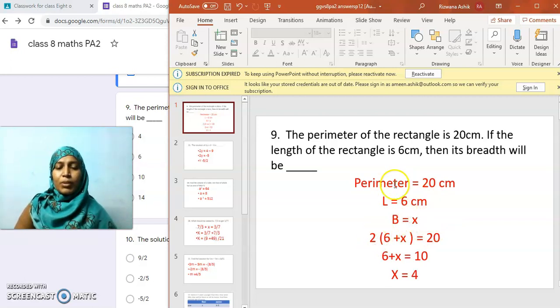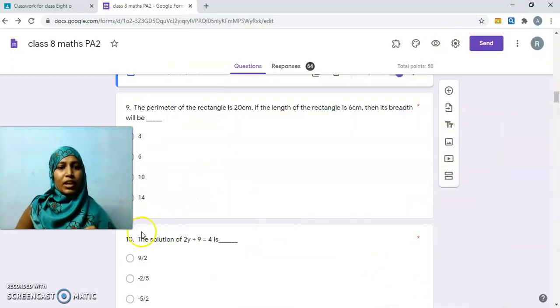So, as per the formula, 2 into (length plus breadth) is the perimeter. Isn't it? So 2 into (6 plus x) is equal to 20. It's a simple equation. If I transpose this 2, it becomes 10. If I transpose 6 to the side, we get 4. So, 4 is the correct option.